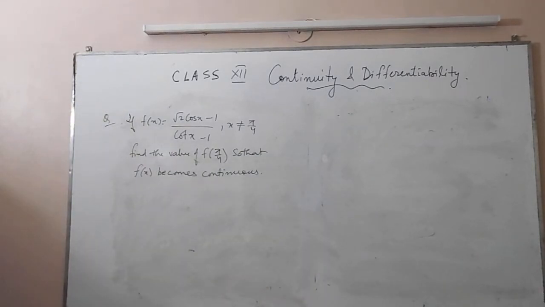Please see again. The question says, if f(x) is equal to root 2 cos x minus 1 upon cot x minus 1, where x is not equal to pi by 4, then find the value of f(pi by 4) so that f(x) becomes continuous.